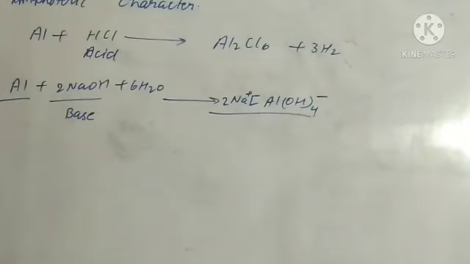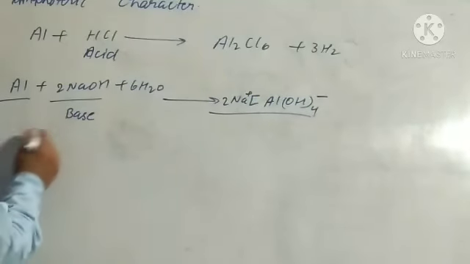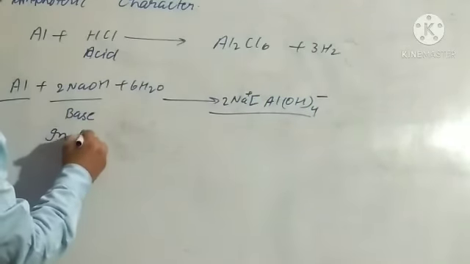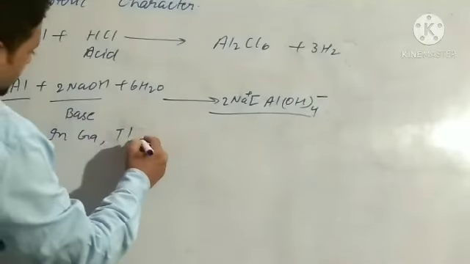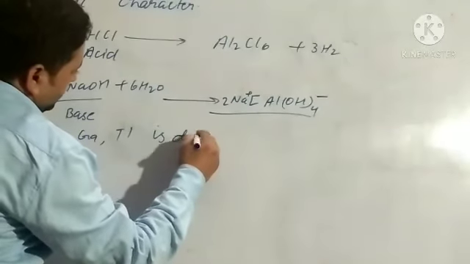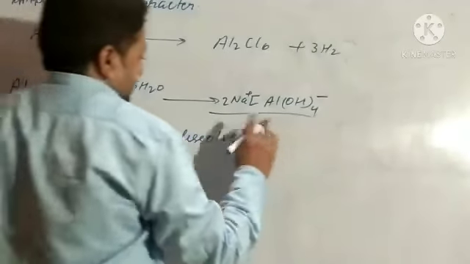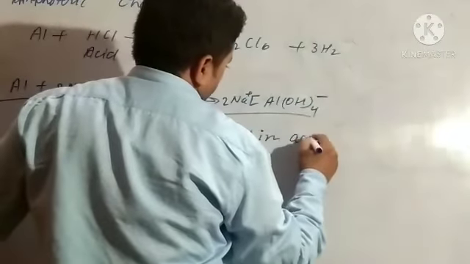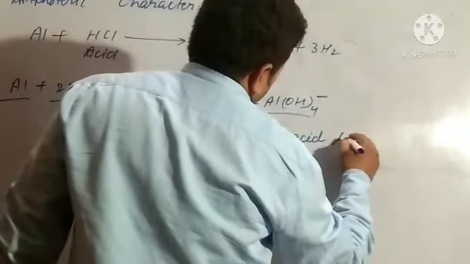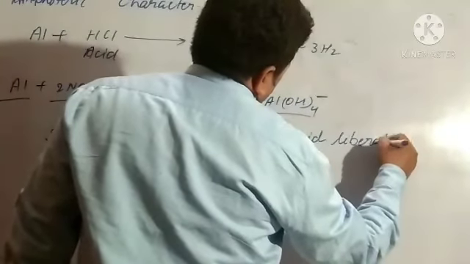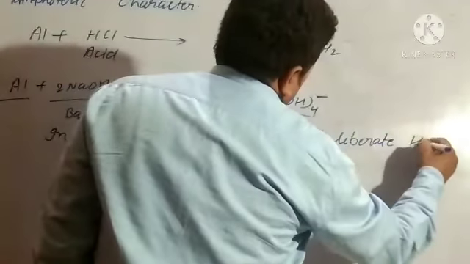And next, gallium, indium and thallium dissolve in dilute acid and liberate hydrogen.